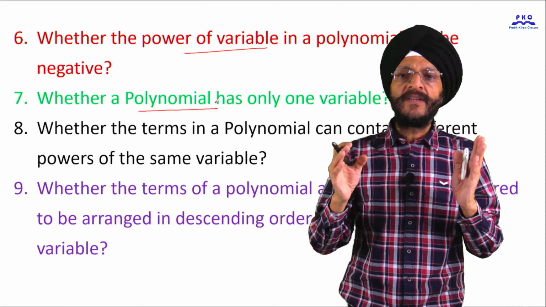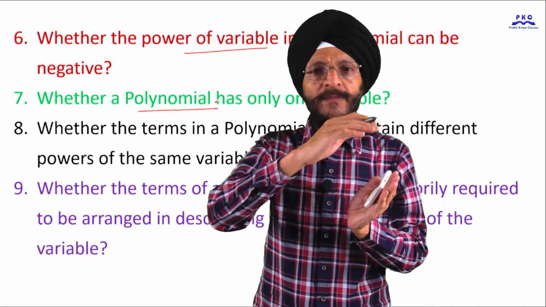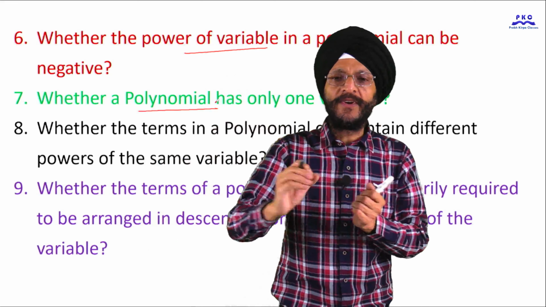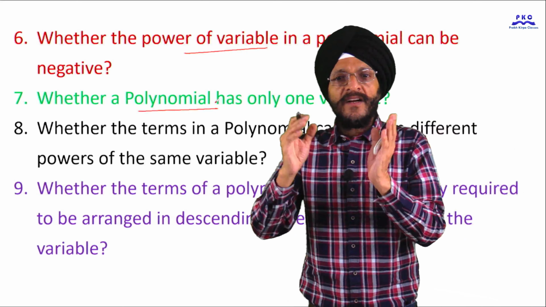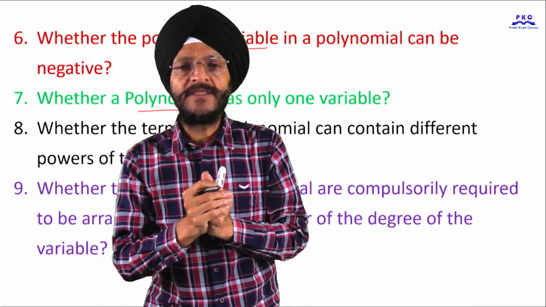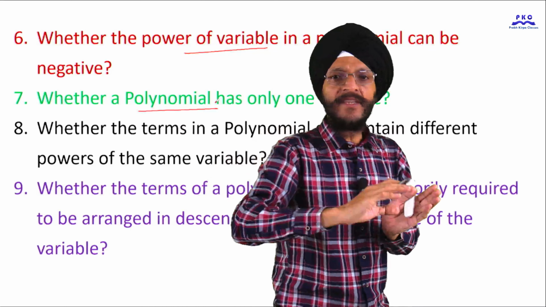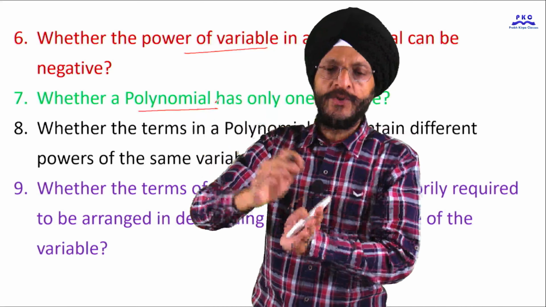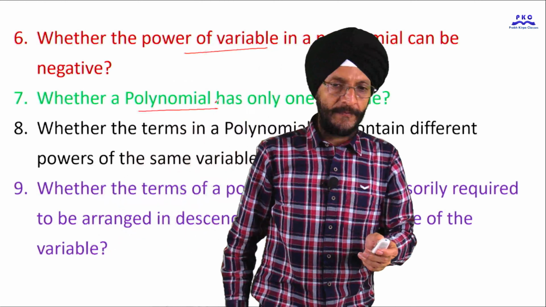It is usually done, or it is by convention, that the terms of the polynomial are arranged in the descending order of degree of variable so that we can easily identify the terms with highest variables and with the lowest variables, and we can work with the polynomials if we are to do some work such as addition of polynomials or subtraction of one polynomial from another.